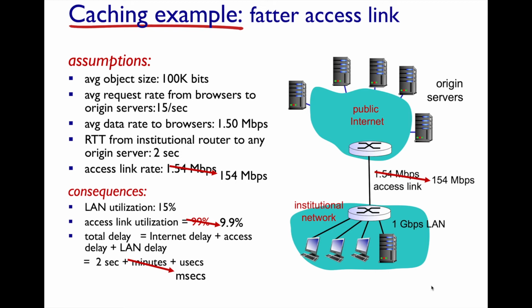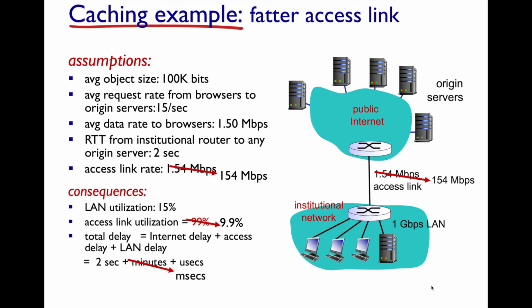So going from 1.54 megabit per second for the institutional access link's bandwidth to 15.4 megabit per second, now your link utilization, given the same request rate and size of the objects, is down to 9.9% for this access link.